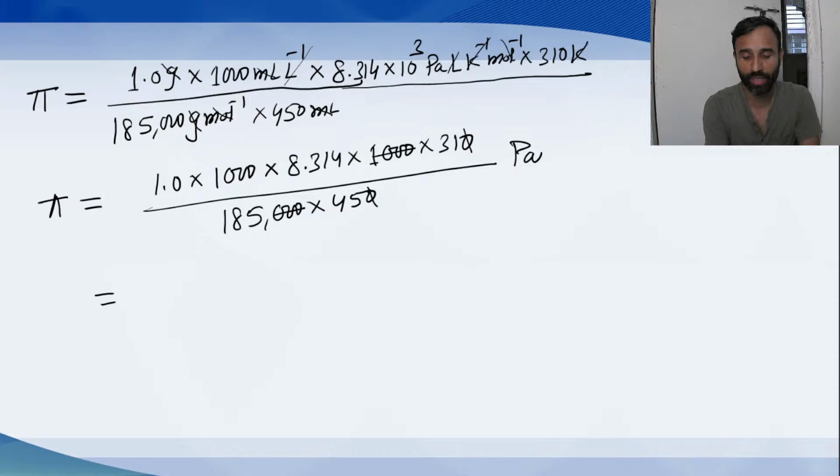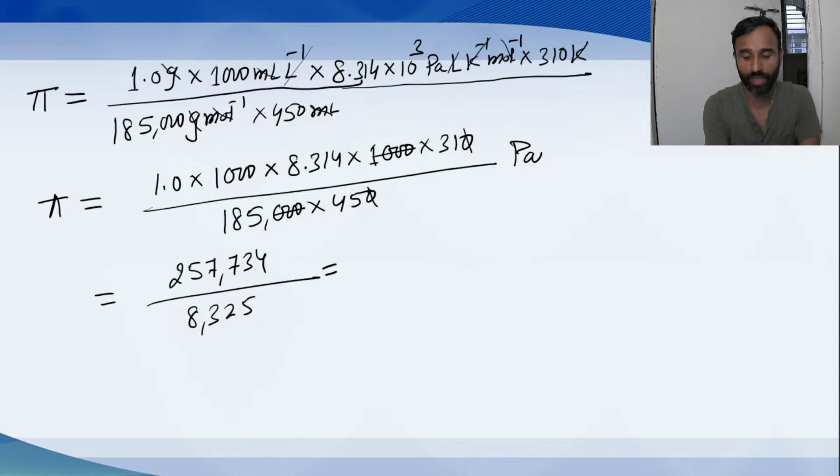That means it is 1000 into 8.314 into 31, which is 257,734, divided by 185 into 45, that is 8325.